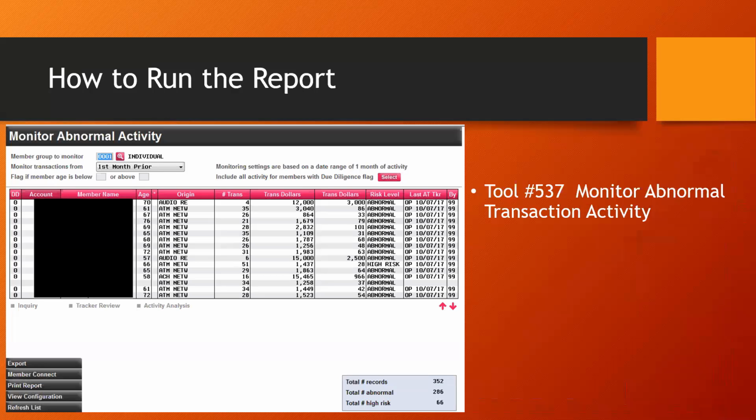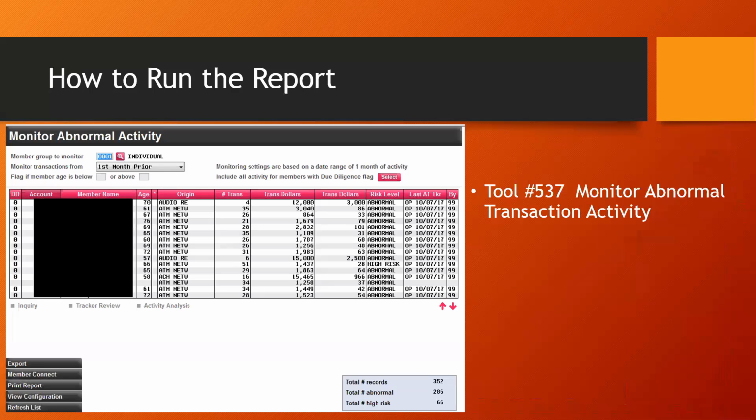Hopefully the answer is yes, we do. How do we do it? The system has feature functionality, including this screen, because I could just say, select all my high-risk members and just run them through it and show me all the different types of activities relative to the upper high-risk echelon individuals and see if they're raising to the top as being high risk, abnormal.